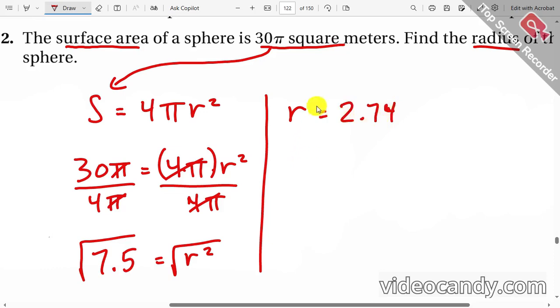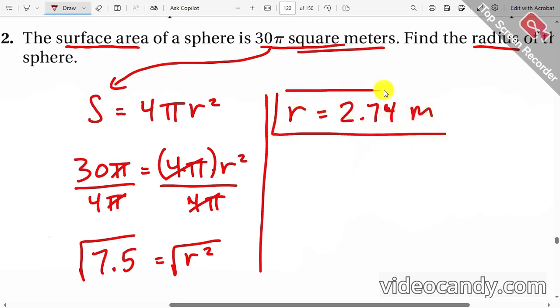The units were in square meters, but when you took the square root, you removed the square, so it's just meters. So that would be 2.74 meters for the radius.